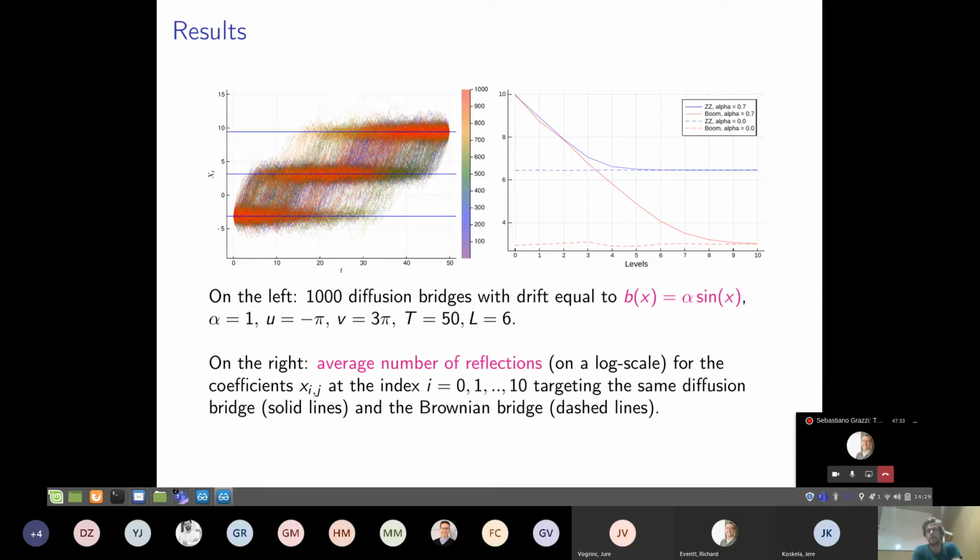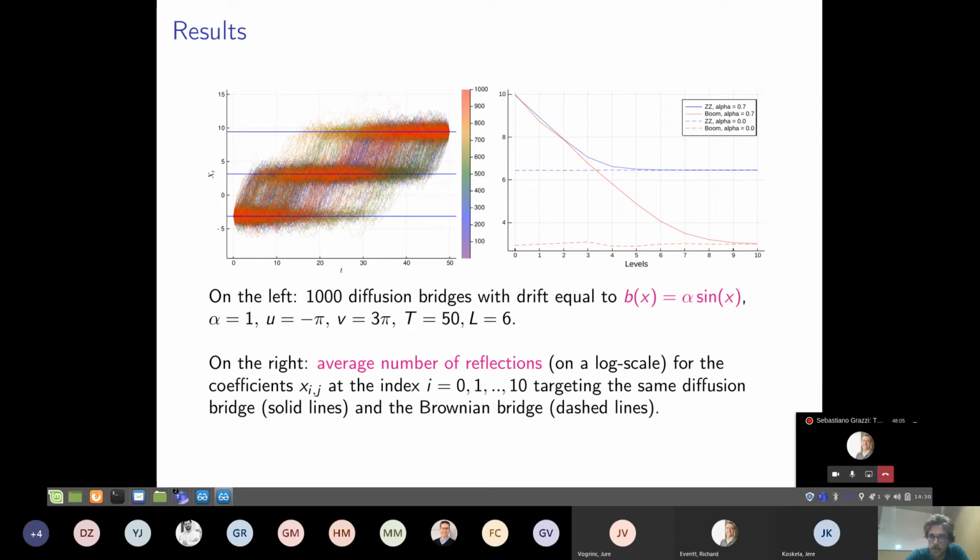On the right, you see some performance analysis. We compare the performance of the Zig-Zag applied for this experiment and the Boomerang. We took as a complexity measure the average number of reflections, here on the log scale, for each coefficient x_ij, and on the x-axis we sorted by the index i, so the level of these coefficients.